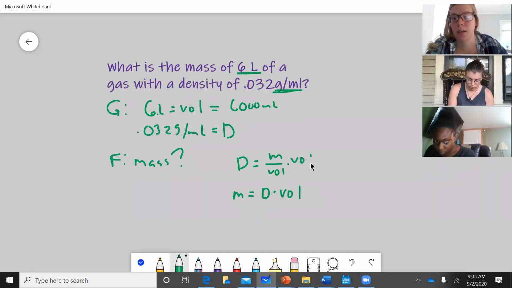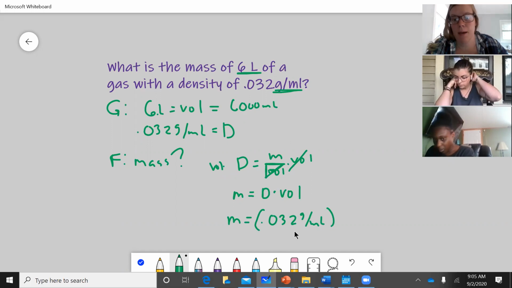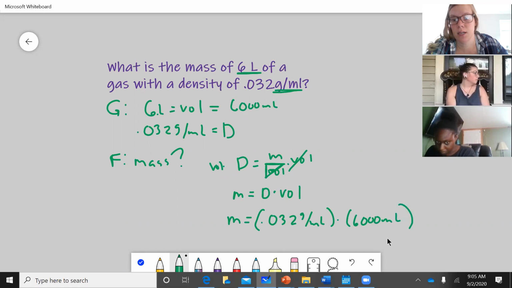Because we multiply volume, those will cancel, and we're left with that. So I should be able to get mass by taking the density, 0.032 grams per milliliter, and multiplying it by my volume, which is 6,000 milliliters.